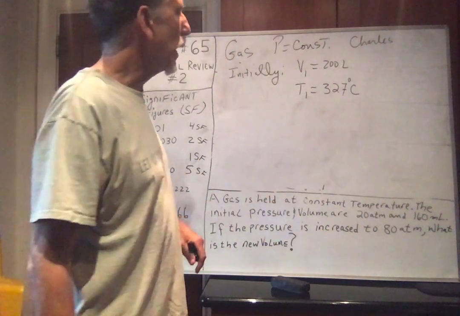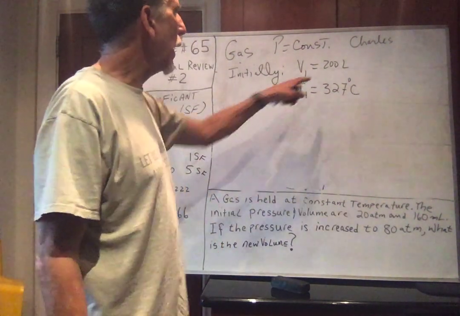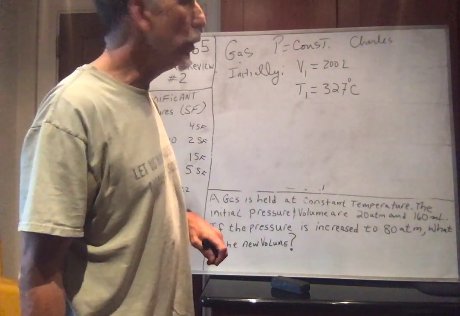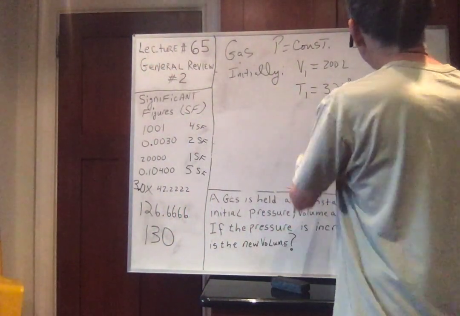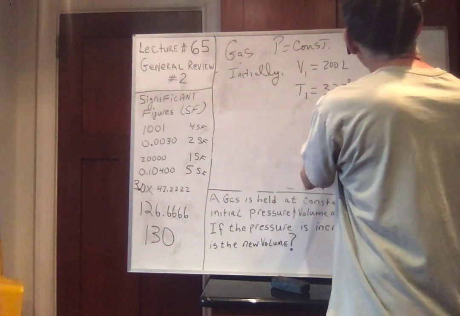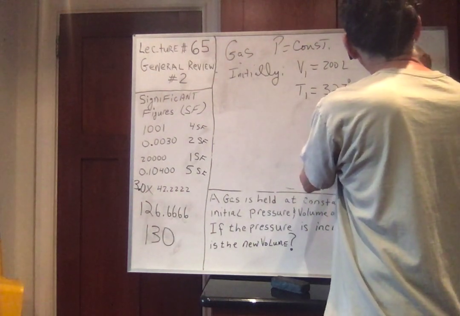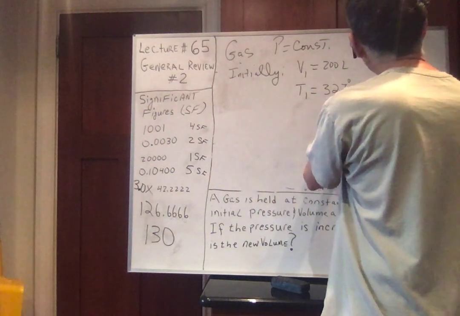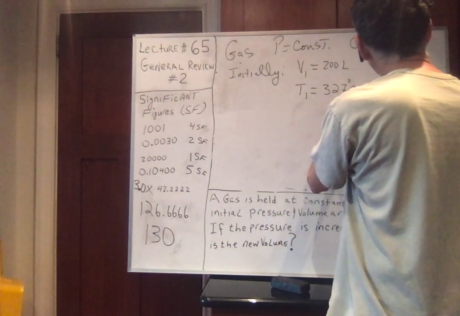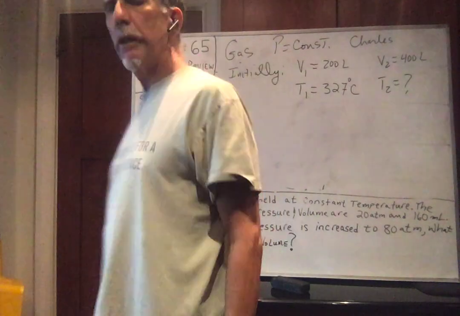Now let's just say I make the new volume, suppose V2 equals 400 liters. So what is T2? Okay, so I'm doubling the volume.